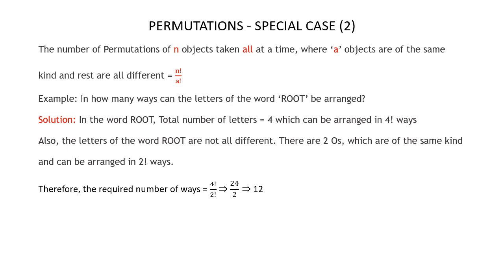So the required number of ways is 4 factorial divided by 2 factorial. 4 factorial is 24 and 2 factorial is 2. So 24 divided by 2 is 12. So there are 12 ways in which the letters of the word root can be arranged.